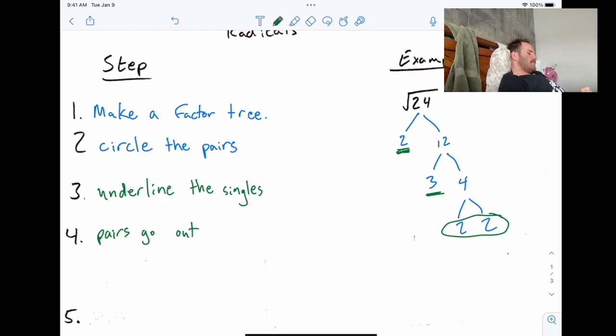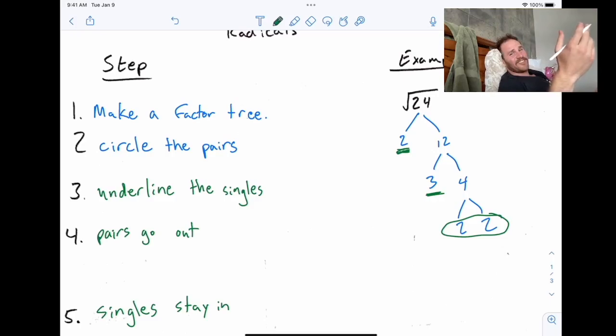So they're going to go out. And the singles, where it's really at, they stay in. I don't need to go out. I can watch Netflix on my own or make myself dinner or, you know, who knows, have a dance party in my own living room. Whatever it is. Singles are going to stay in.